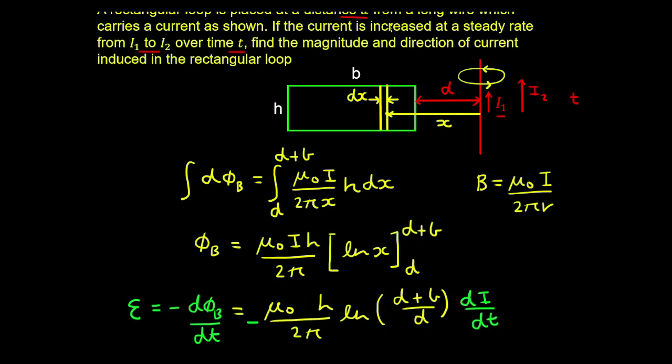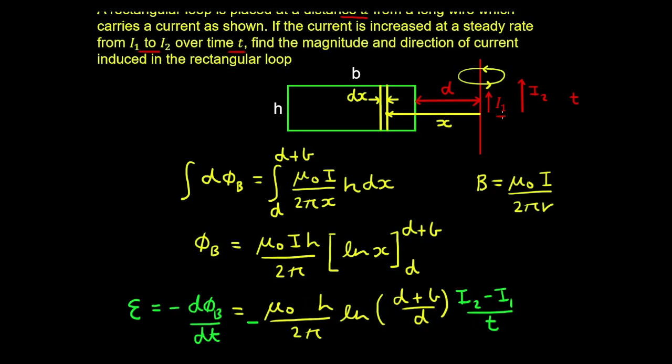And the problem states that the current is increased from I1 to I2 over time t at a steady rate. So this derivative, being the change in current over time, is the final current minus the initial current on t.